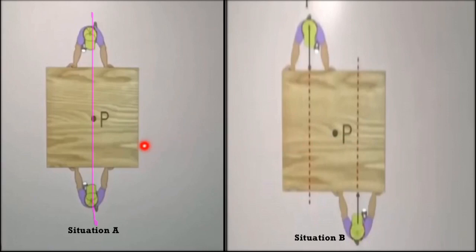So if the line of action of force is same, then the body will not rotate or it will not move. But if there are opposite forces or unlike forces and they are acting along the opposite direction but not along the same line, then they will produce a turning effect or a couple in a body.